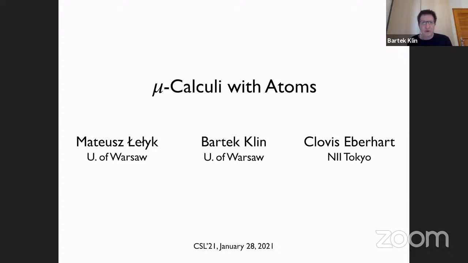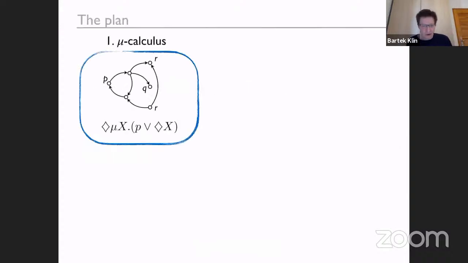Let me give you a short plan of this talk. I will directly follow the title of this talk, which is not very long. I will first give a brief recollection of μ-calculus. I expect many people in the room to know this, but just to fix notation and to recall the basic notions, I will recall the definitions. Then I will speak about atoms.